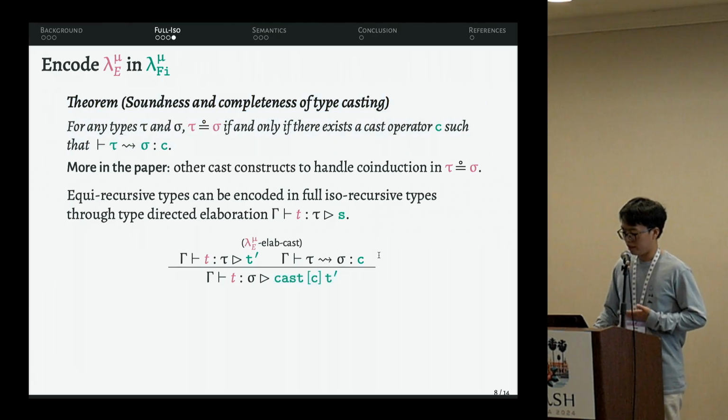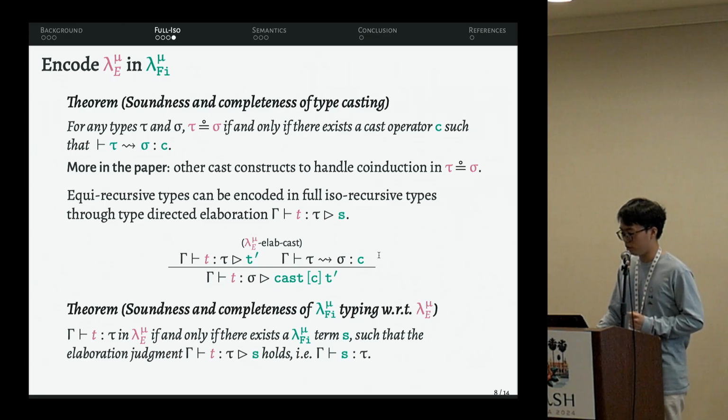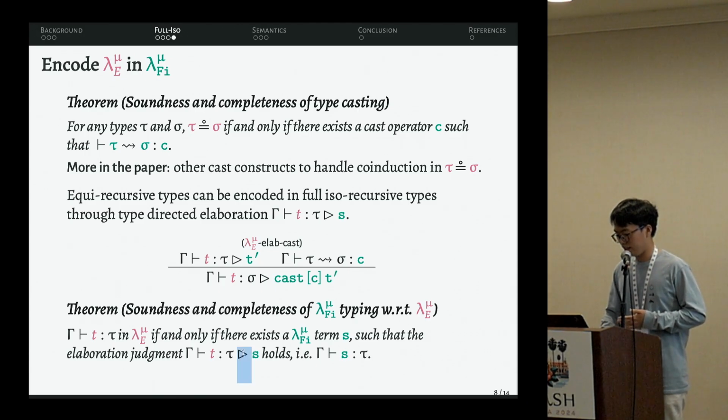With the help of this elaboration rule, we can state the soundness and completeness of our full iso typing with respect to the equi-recursive typing, which says that for all equi-recursive well-typed terms, you can always find an encoding in the full iso system that achieves the same typing. So that's it about typing.